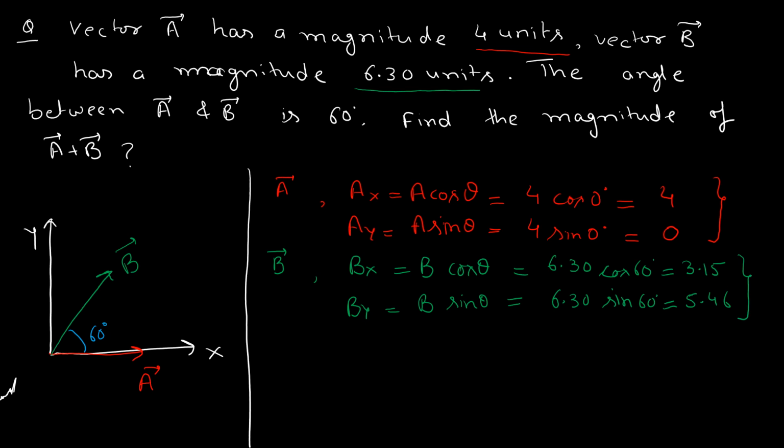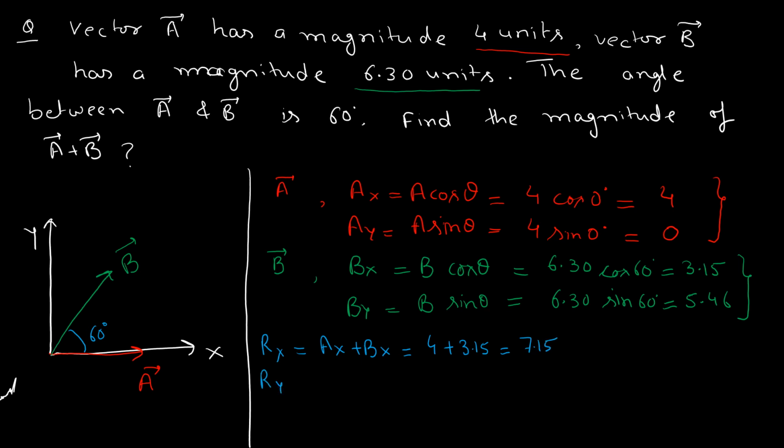Now the resultant vector will also have two components. R_x will be equal to A_x plus B_x, that is 4 plus 3.15, which comes out to be 7.15.